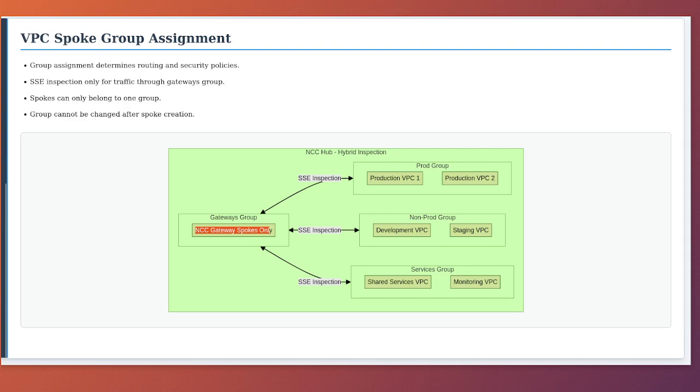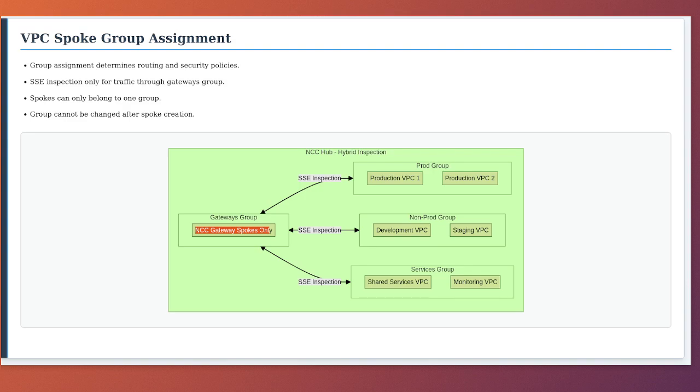The Gateway spokes in this group provide the security processing for traffic flowing between on-premises networks and the other spoke groups. Remember that secure sockets layer packet inspection only occurs for traffic between the Gateways group and the other 3 groups. Traffic flowing directly between prod, non-prod, and services does not pass through secure sockets layer inspection. Plan your network segmentation accordingly to ensure traffic that requires security inspection is routed through the gateway.